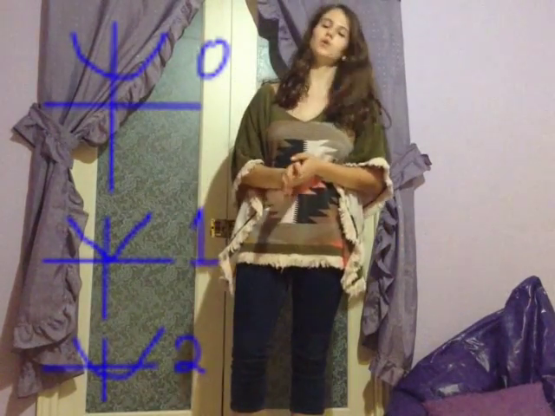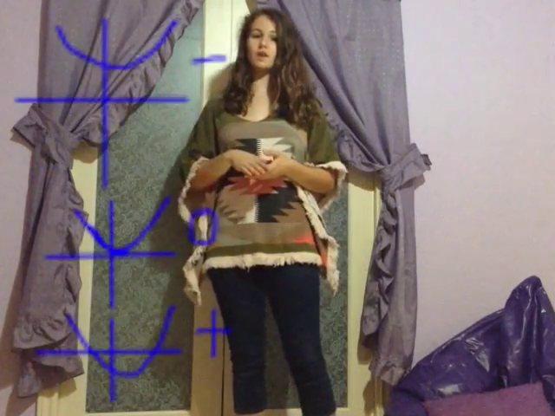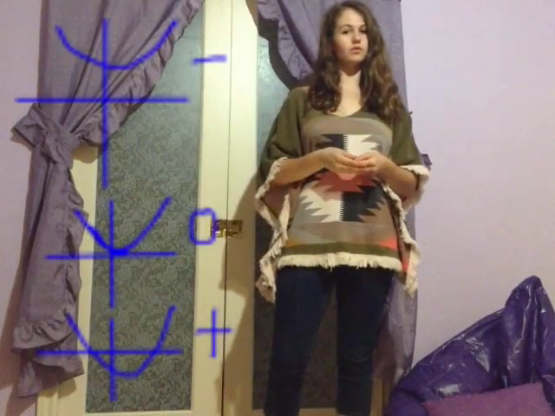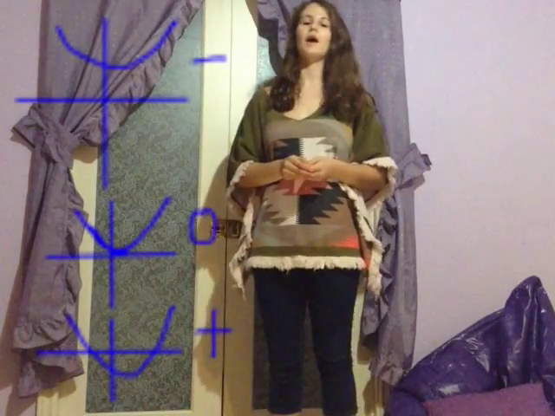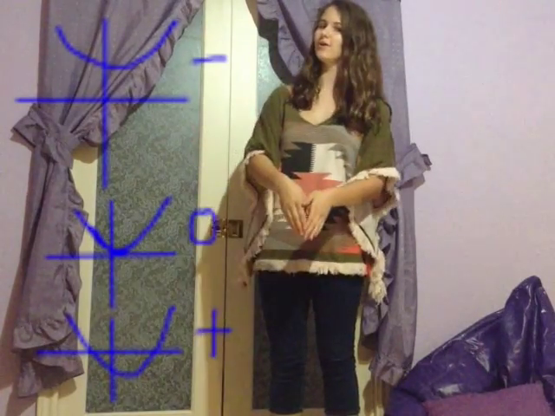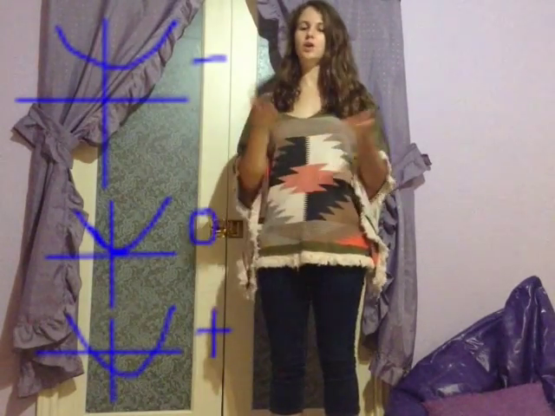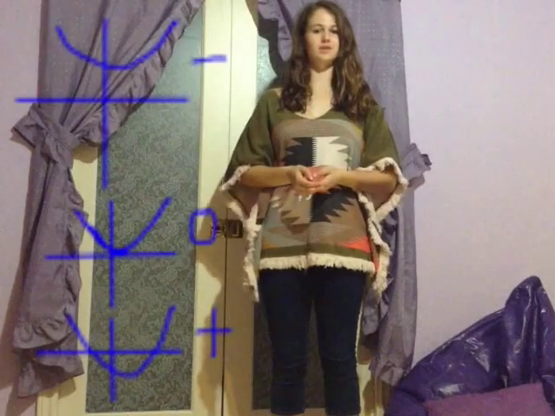The way you discover how many solutions you have is by solving the discriminant. If you solve it and it's a negative number, then you're going to have no real solutions. If it equals 0, you're going to have 1 real solution. If it equals a positive number, you're going to have 2 real solutions.